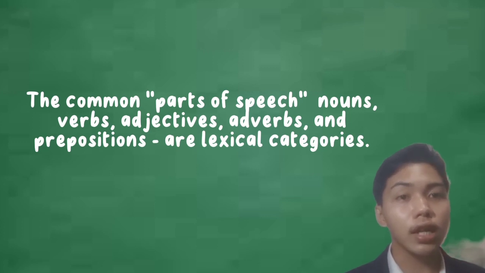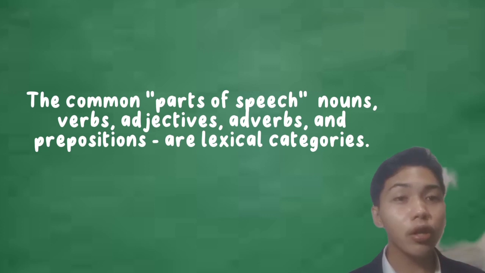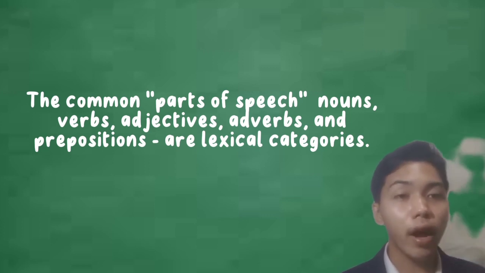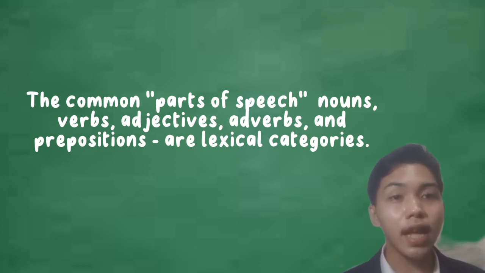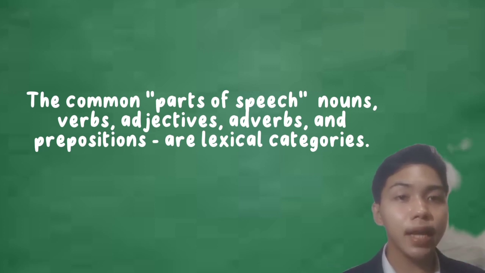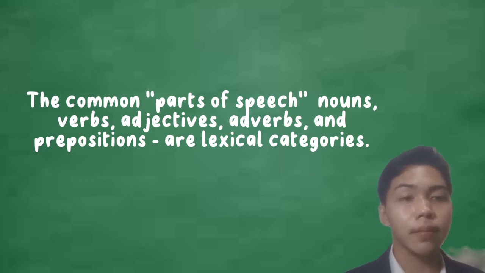Words in functional categories are semantically weak and contribute more to the structure of the grammar of sentences than to the meaning. Articles are a subset of determiners, a functional category.